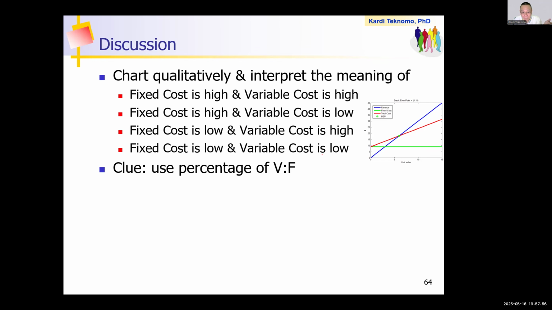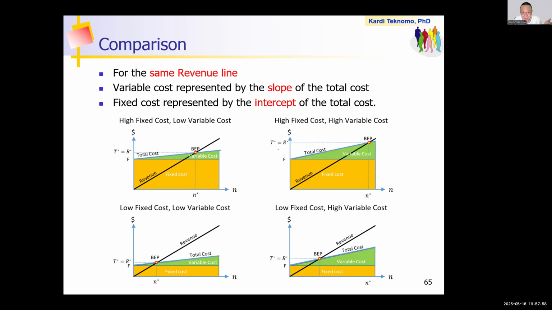So I put here in the chart so that you can compare. Then you need to use the same revenue line, isn't it? So how do I know it is the same? So you see the slope of this black line is the same for all these 4 scenarios.